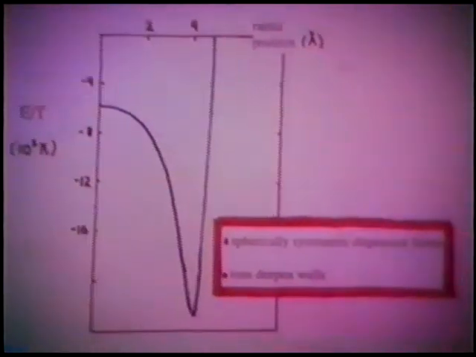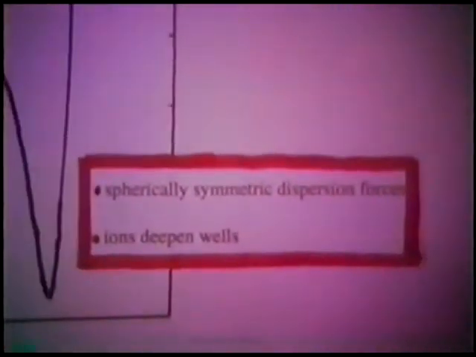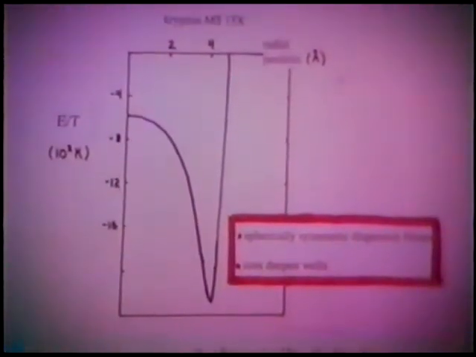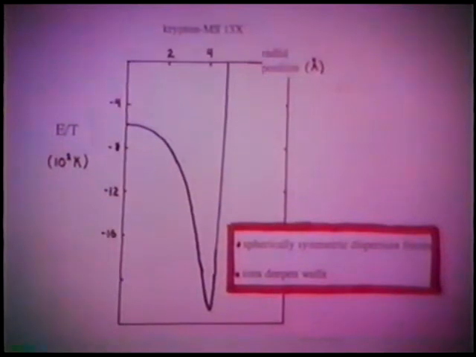And what we see here is the interaction for a particular angular orientation inside the cavity. Now, as we look at different angular orientations inside the molecular sieve cavity, the gas-solid interaction curve is going to change due to the ions inside the structure of the cavity.